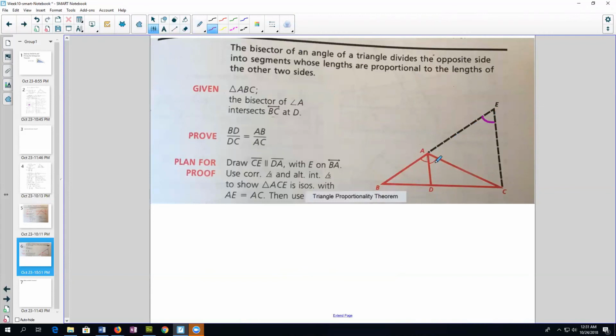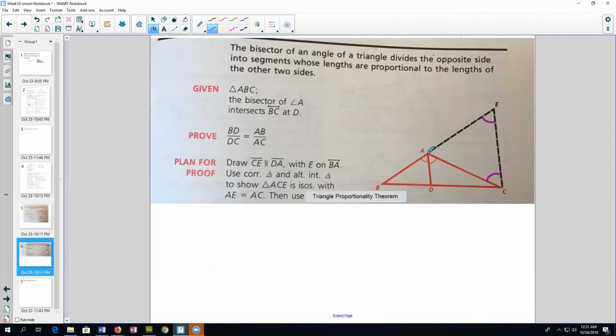It's also congruent to this because of the given. But also, if we use this as a transversal for these parallel lines, this angle and this angle down here are alternate interior angles. So this one also gets 1 mark. So we have 4 angles that are congruent.